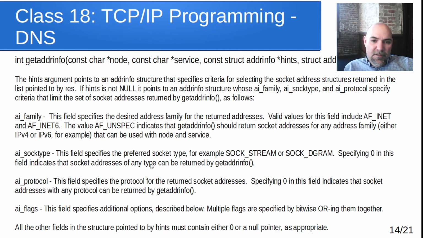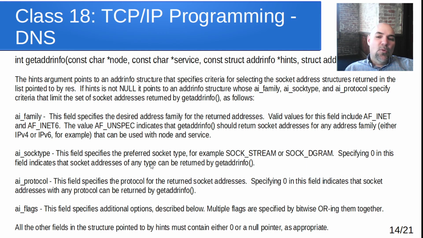Okay, so continuing down this road with the documentation, the man page says the hints argument points to an addrinfo structure that specifies criteria for selecting the socket address structures returned in the list pointed to. If hints is not null, it points to an addrinfo structure whose ai_family, ai_socktype, and ai_protocol specify criteria that limit the set of socket addresses returned by that function.